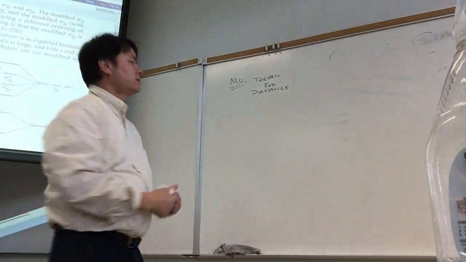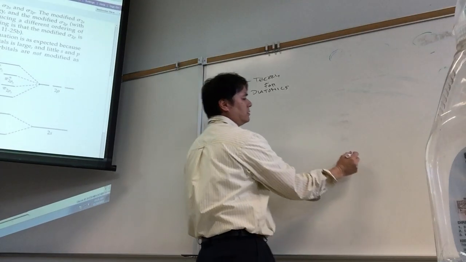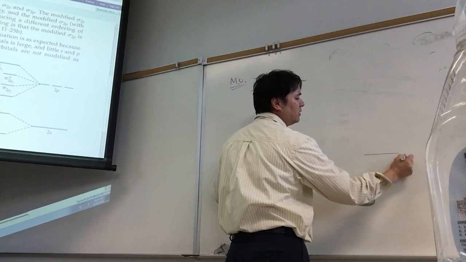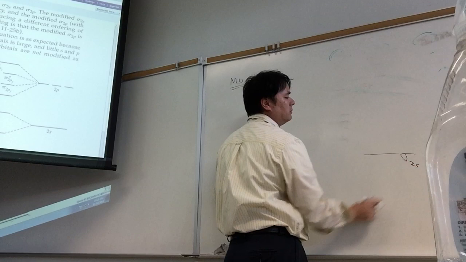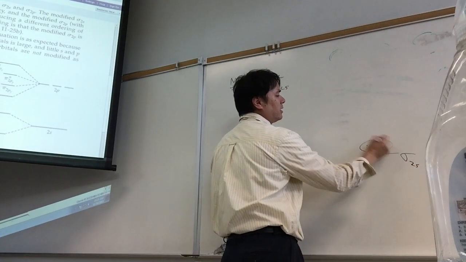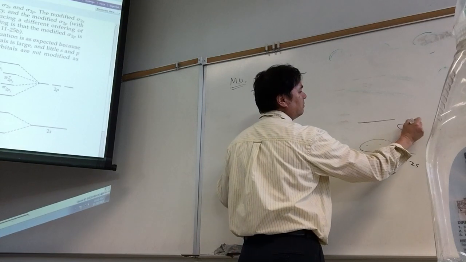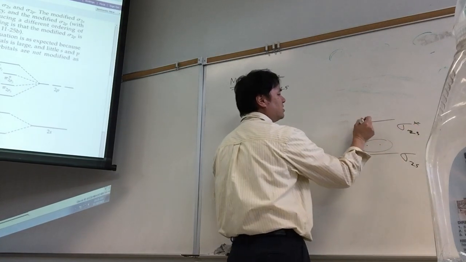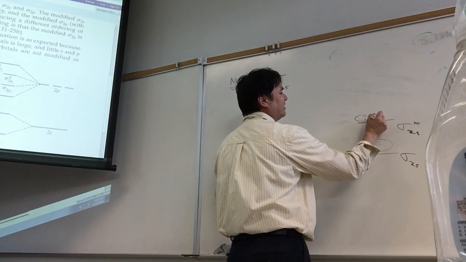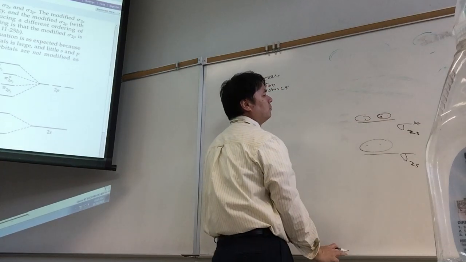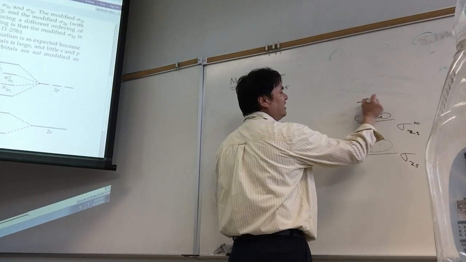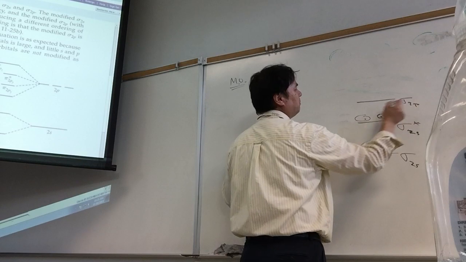And so rather than memorizing the whole thing, we'll just look at the valence. So if we look at the valence, then we know sigma 2s. What's the shape of sigma 2s? It's like that. Followed by sigma star 2s. That's the shape of sigma star 2s. Followed by a sigma 2p.